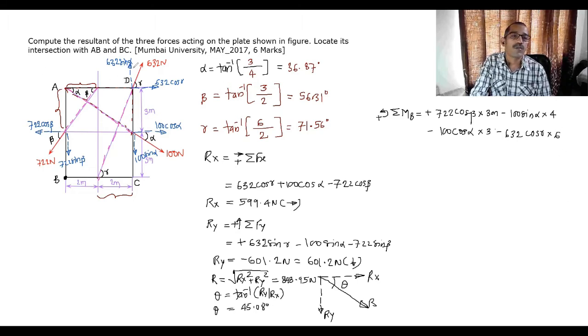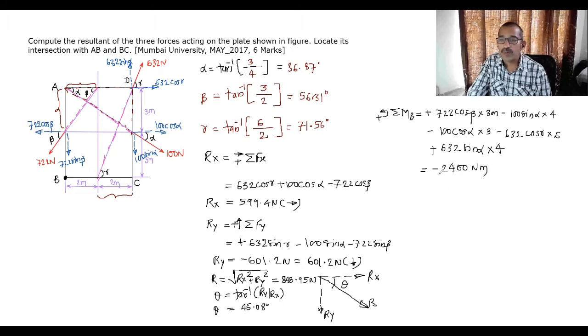Moment of the vertical component of 632 sine gamma about point B is anti-clockwise, that means this will be plus 632 sine gamma. The distance of the line of action of this force from B, the horizontal distance, is 4. If we substitute the angles alpha, beta and gamma and find the moment, this one comes out to be minus 2400 Newton meter.